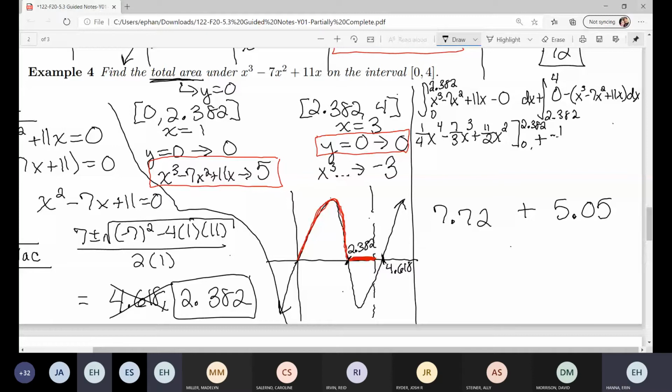And then plus 7/3 x cubed minus 11/2 x squared at your bounds that I can't fit. If anyone wants to see any more work, I can move over to a different page for those antiderivatives. Otherwise, you'll get a final answer of 12.77.